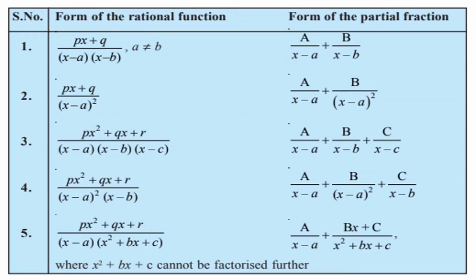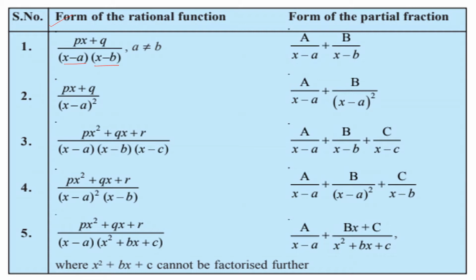Now, if we have a rational function of the form (px + q)/((x - a)(x - b)), like linear upon quadratic, but the quadratic can be factorized into a product of two different factors, then the form of the partial fraction will be A/(x - a) + B/(x - b). As soon as we get the values of A and B, this will be split into the sum of two integrals, which can be integrated easily.